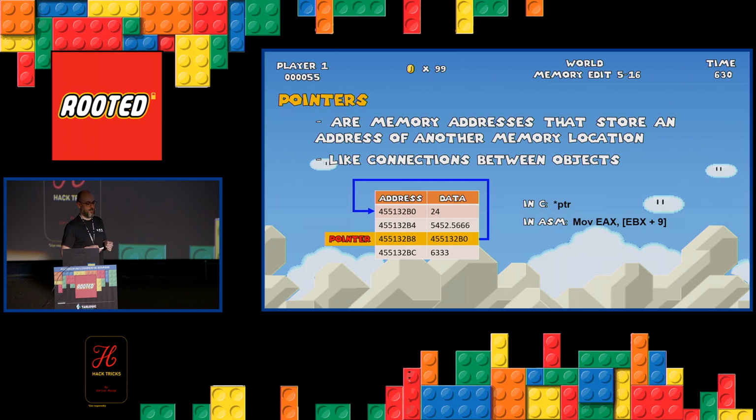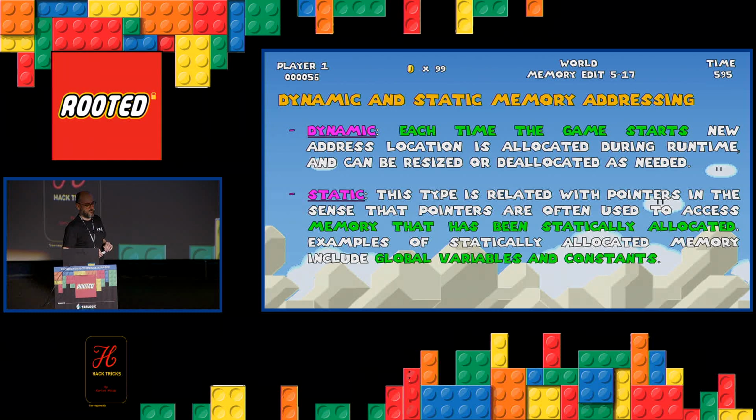You have the notation in C with the asterisk and the notation in assembly with the square brackets. That is very easy to find information about. Okay, no problem. But we have to differentiate between dynamic and static memory addressing. This is applied to game hacking.